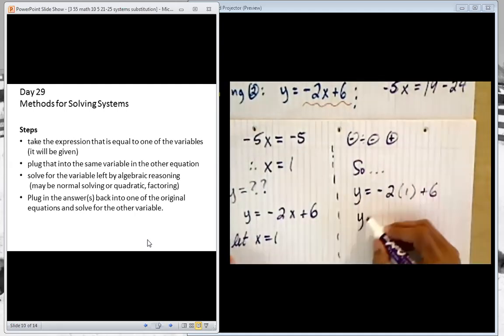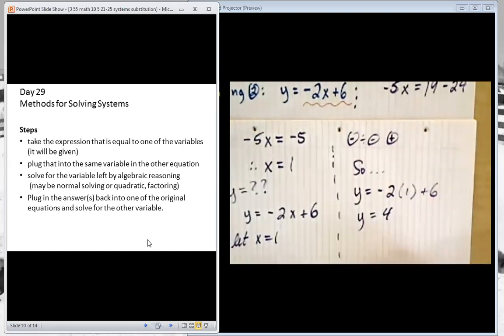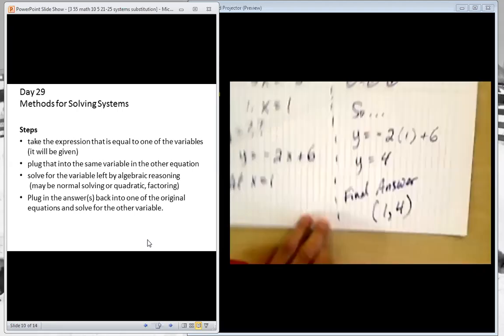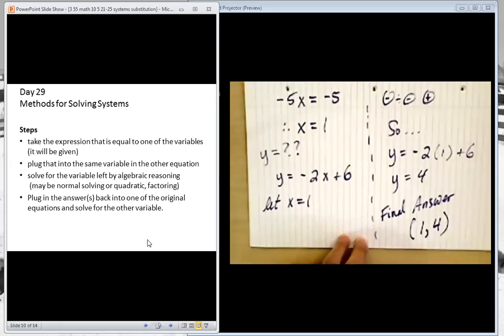Nice. y is 4. So we could do all the sketching and such again, but final answer. That's right. Final answer is a point: 1 and 4. Right?